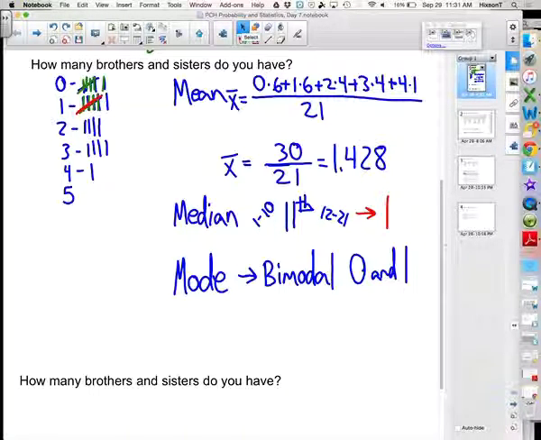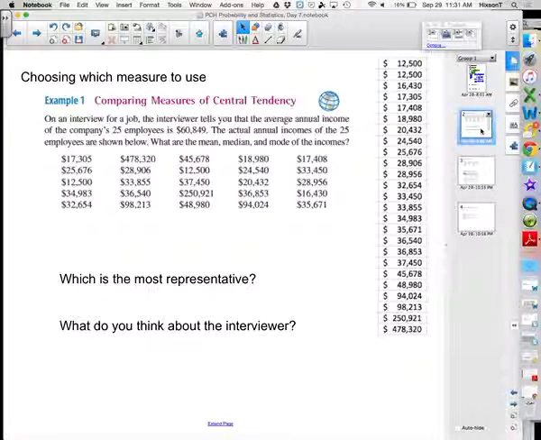Anything? Okay. Now, depending on our situation, different measures might be more useful than others. Okay? And this is where we're going to pick up on Thursday. But choosing which measure to use, I'll just present the situation here. We won't actually find the values.